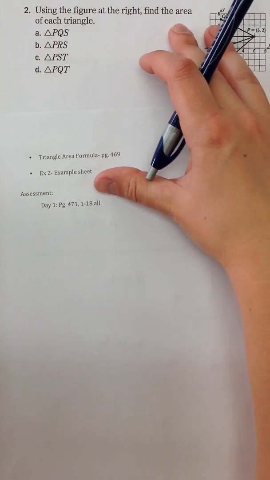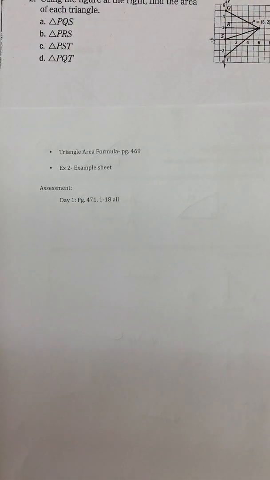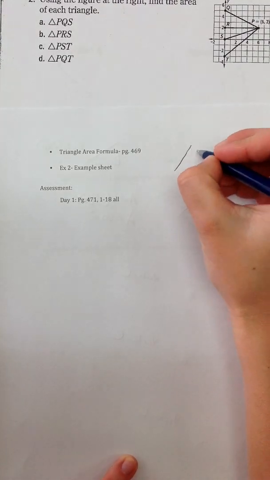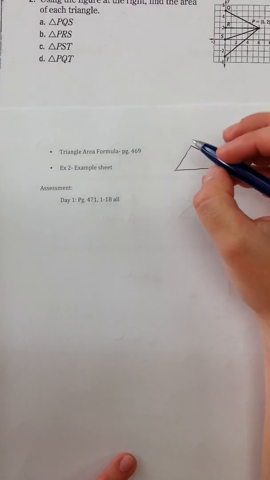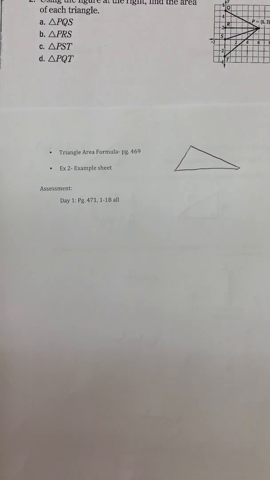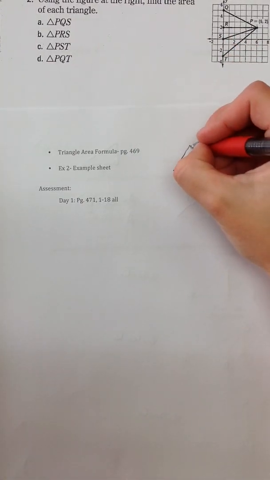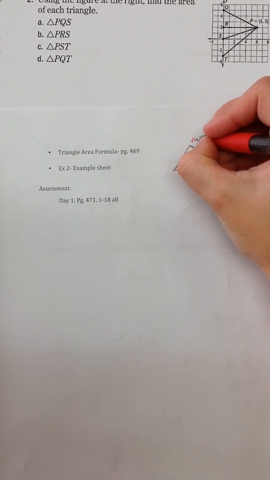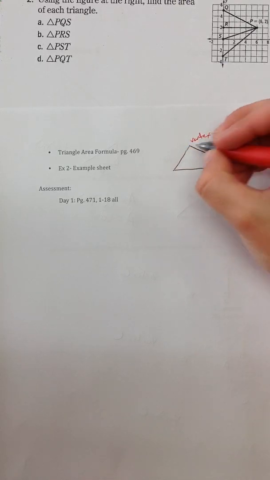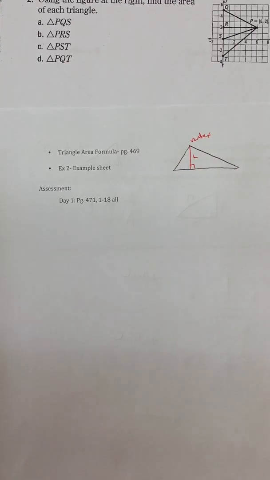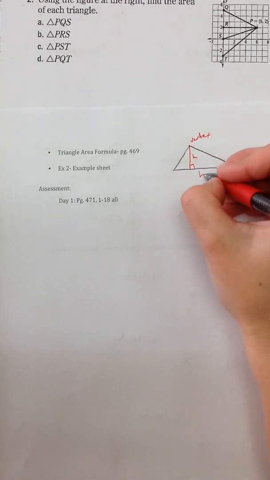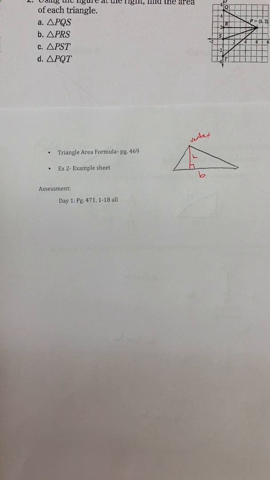So our next thing is the triangle area formula, which is on page 469, and that's just showing you a different look at a triangle. A triangle like this is how their picture is, and they show in a different color that, say this is our vertex right there, the height would be straight down at 90 degrees, and then our base would be the side that we're dropping straight down to make the 90.